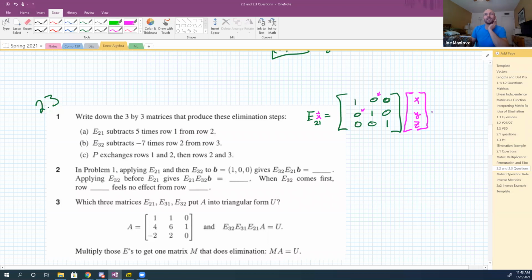I'd really like to get, if this was completely working, x on the top and then something that subtracts 5 times row 1 from row 2. So I should have row 2 minus 5 row 1. You guys all kind of with me on the idea of what I want to get?